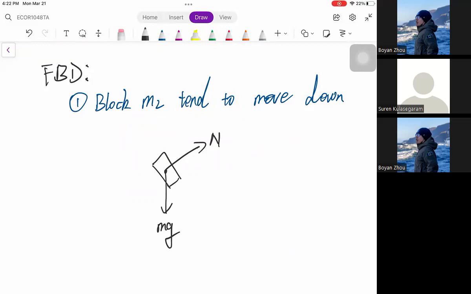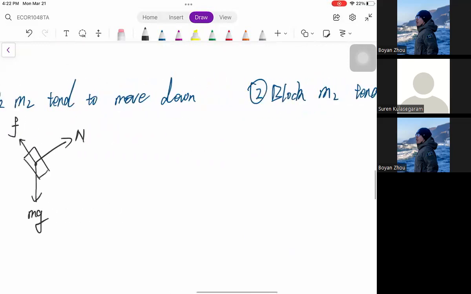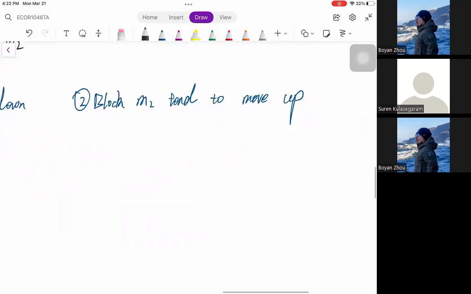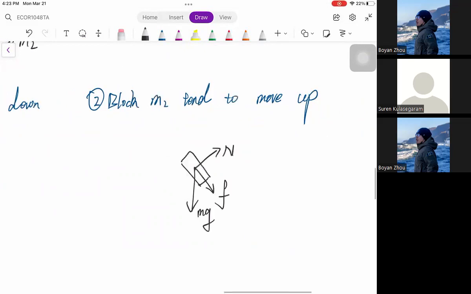So if it tends to move down, then the friction will be pointing up to prevent the object from moving. And the free body diagram for the block that tends to move up is just going to be the opposite way. It can be like this.